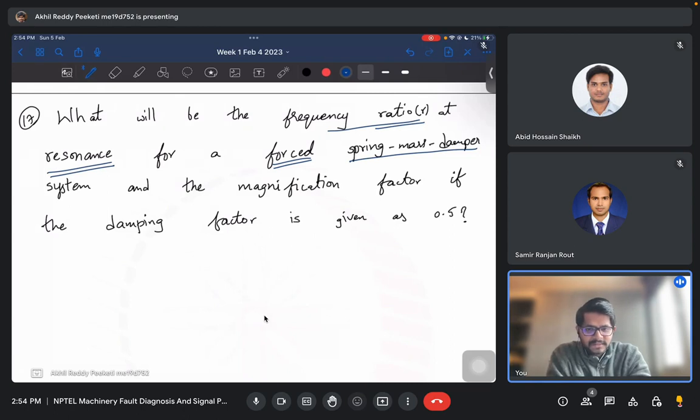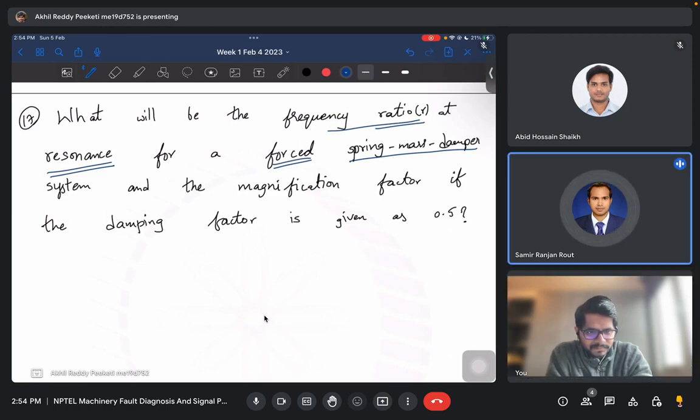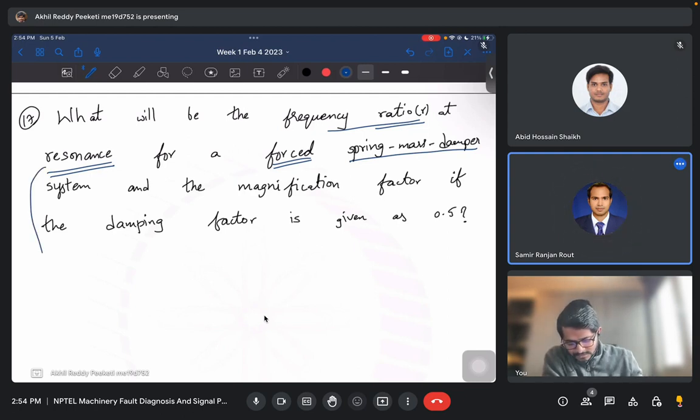So what is resonance in this forced spring mass damper system? When will we have resonance? Yes.